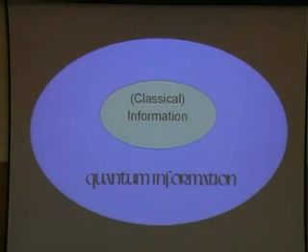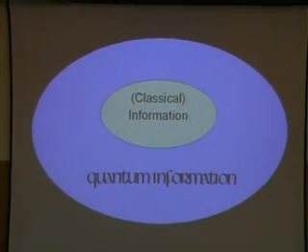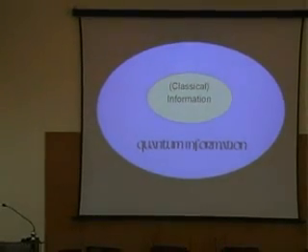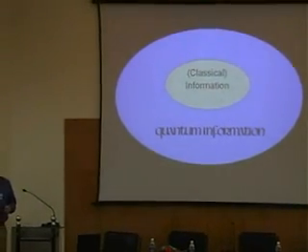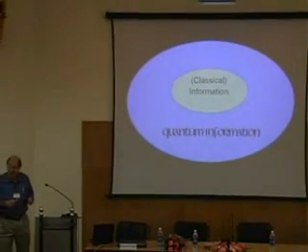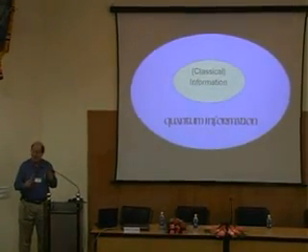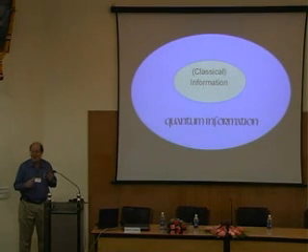I've sometimes said that it is related to classical information in somewhat the same way that the complex numbers are related to the real numbers. The real numbers are an interesting and useful subset of the complex numbers. And most people who know about numbers don't know about complex numbers. And yet, if you understand complex numbers, then certain things about the real numbers appear much more simple and intelligible.